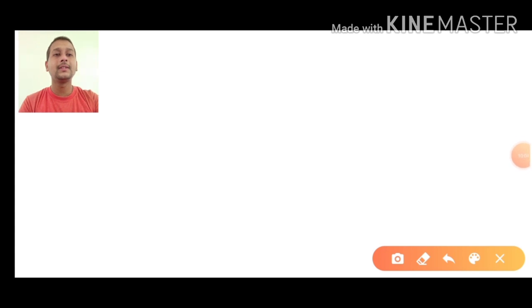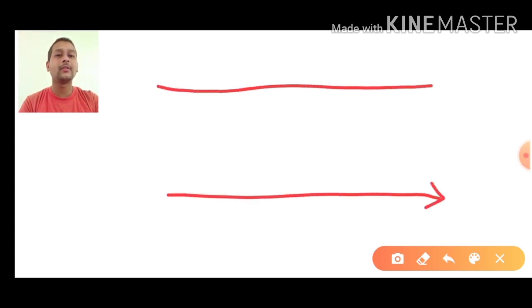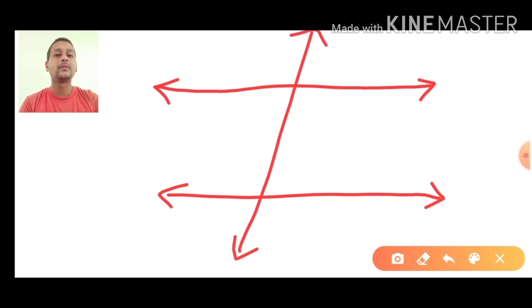Now what it says, say these two are parallel lines. Of course you will have arrowheads when you are drawing lines, please ensure that. Okay, so these are parallel lines.